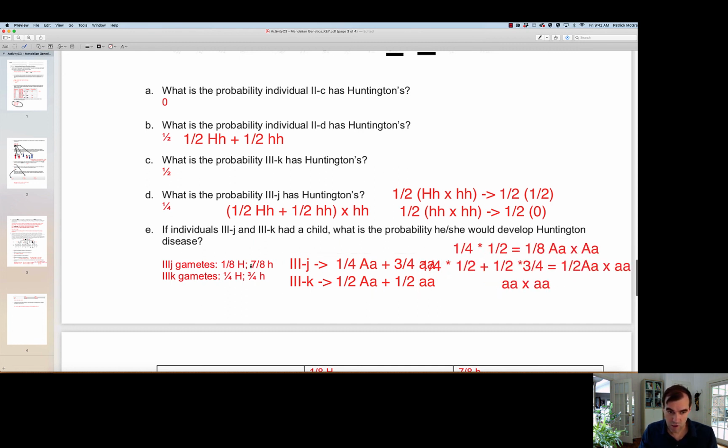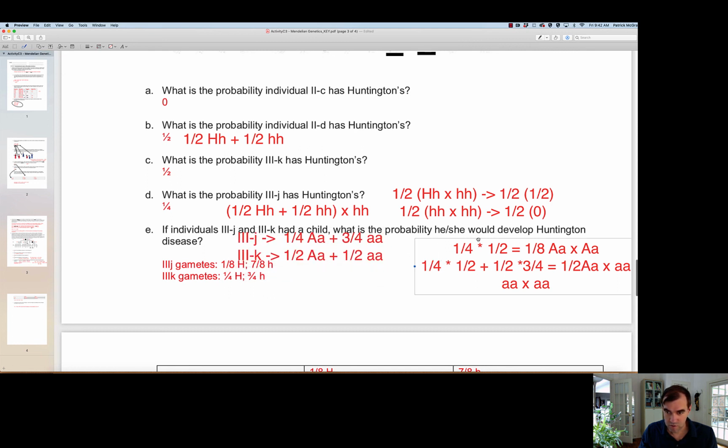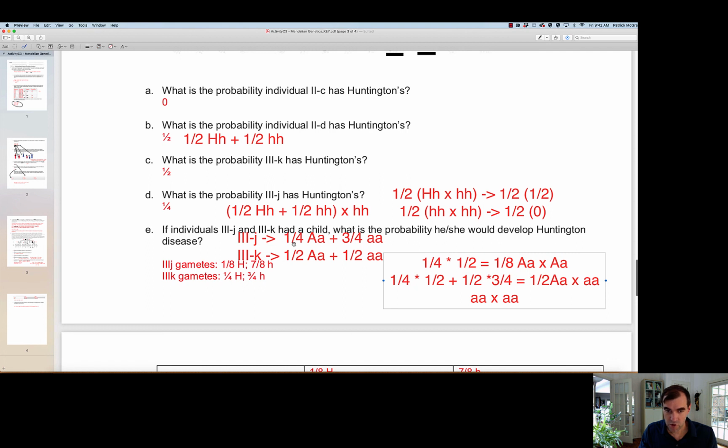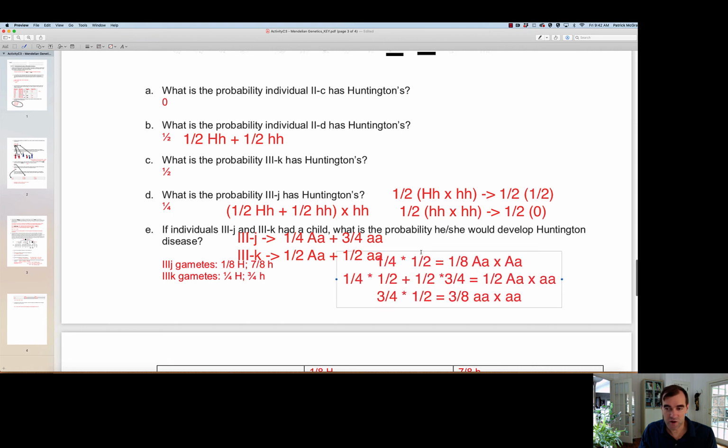So there's 1/4 times 1/2 plus 1/2 times 3/4, and that's equal to 1/2. And then the final is 3/4 times 1/2 equals 3/8. So if we add these all up, there's a 1/8 possibility that the cross is this, a 1/2 possibility that the cross is this, and a 3/8 possibility that the cross is this.